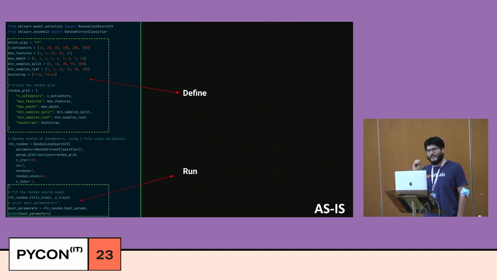Let's try a simple baseline algorithm, and then take it from there to start improving. Even if we change the algorithm, there is a footprint when you start doing hyperparameter tuning: first you define the hyperparameters, and once they are defined, then you run them.